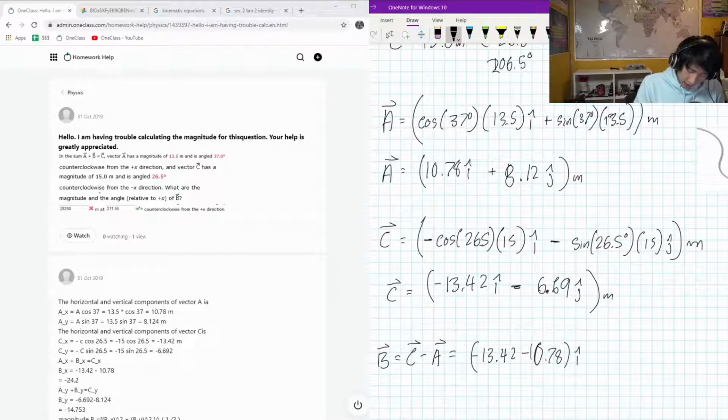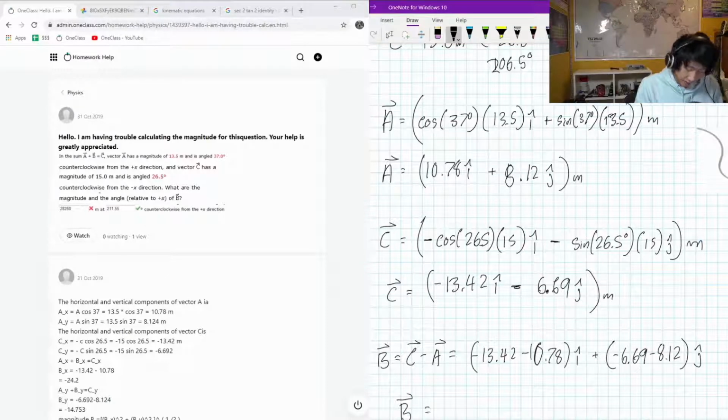That's I. And then for the j, we will have minus 6.69 minus 8.12 in the j direction. And this will give us our b vector. Okay, so we got negative 13.42 minus 10.78, which is negative 24.2 in the I direction. And then in the j direction, we're going to be pretty negative with that one.